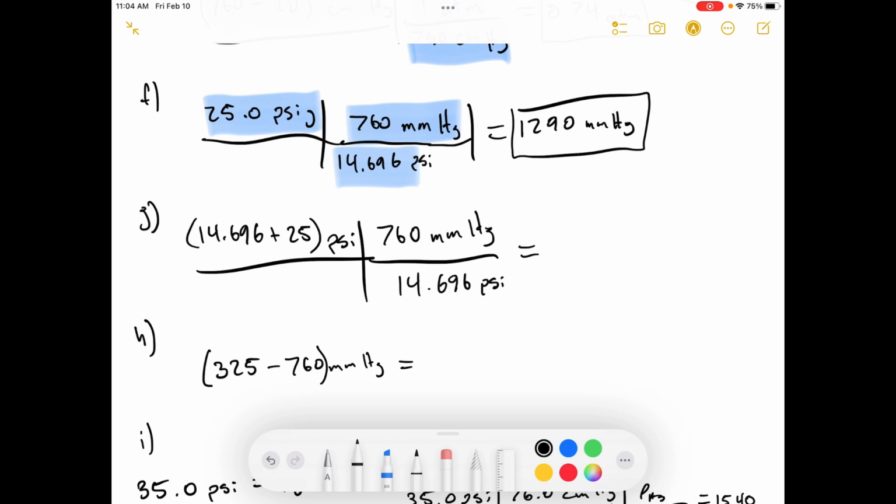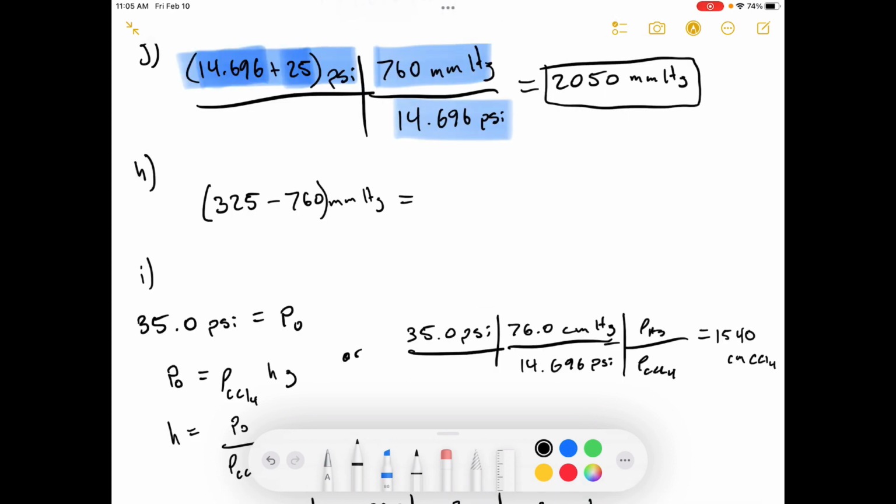So if it's 25 above atmosphere, then you say, okay, here's my psi in 1 atmosphere. I'm 25 above that, and I want to convert this whole thing into millimeters of mercury. So that's what you would do after you add the 25 above the atmospheric pressure.